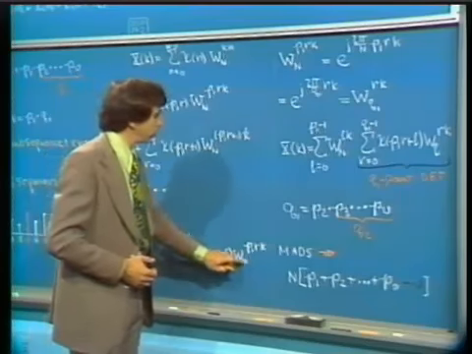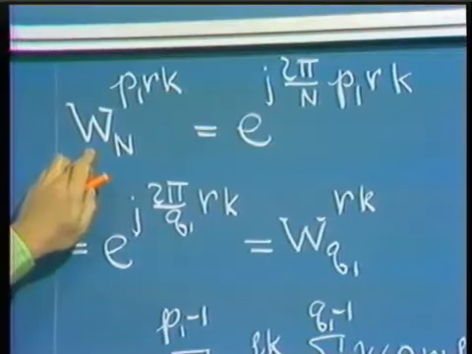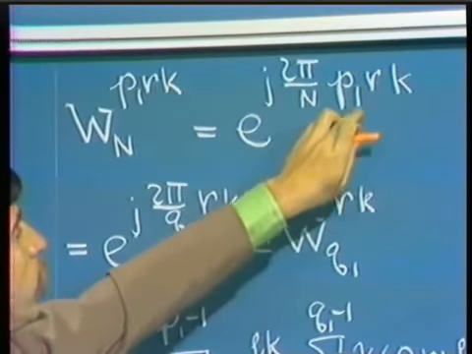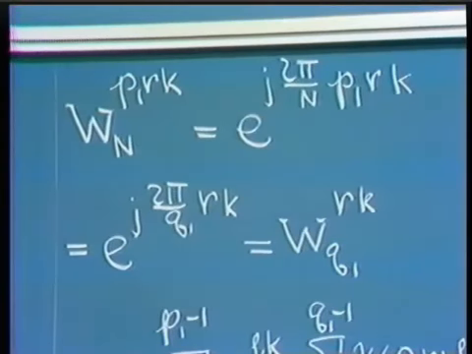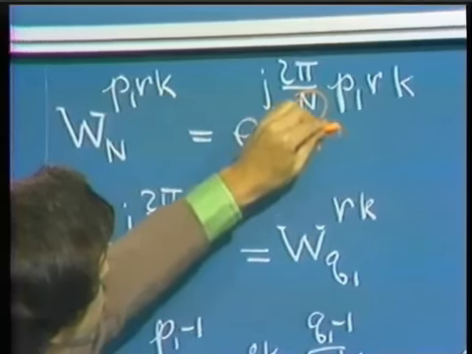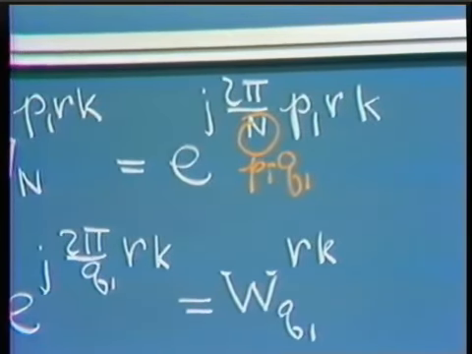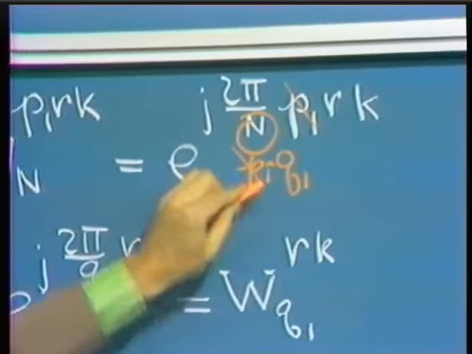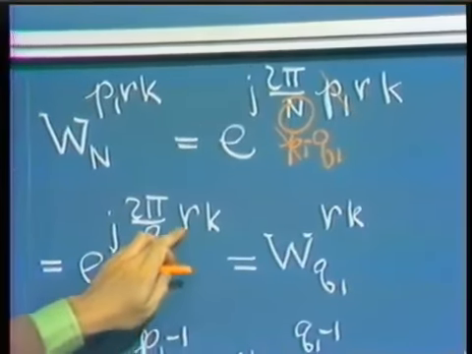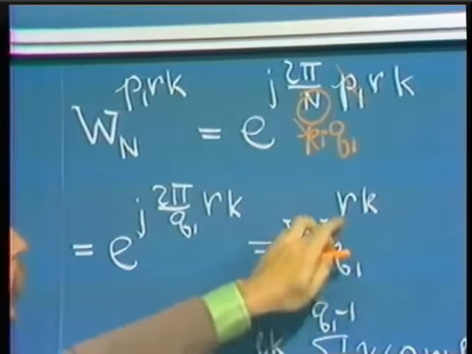In particular, W sub N to the P1 RK, as I have here, is equal to e to the j 2 pi over capital N times P1 RK. But N is equal to P1 times Q1. That's the way we originally decomposed it. And the P1s cancel out, and we're left with e to the j 2 pi over Q1 times RK, or equivalently, W sub Q1 to the RK.